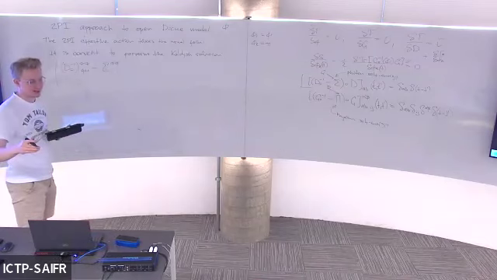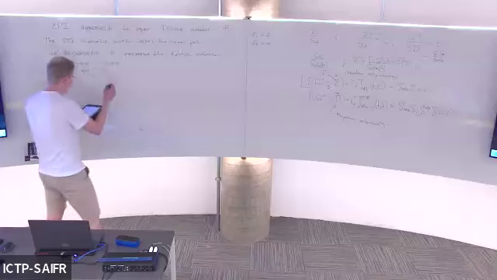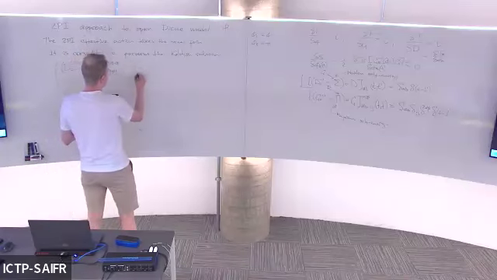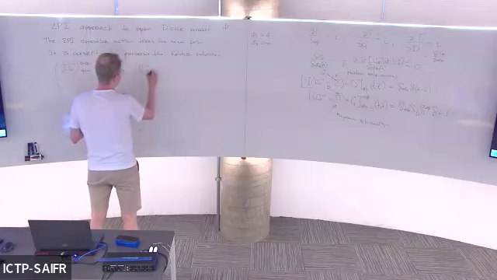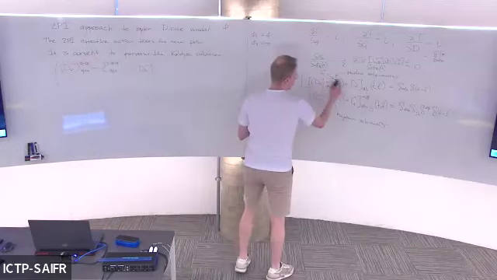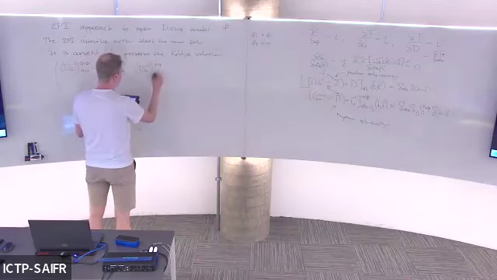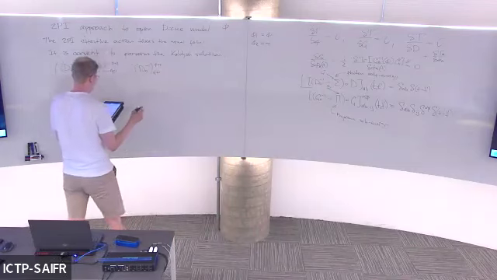There is no phi pi, so this is the only one that is non-zero. I'm simply writing this part now. Then we have phi, quantum classical.